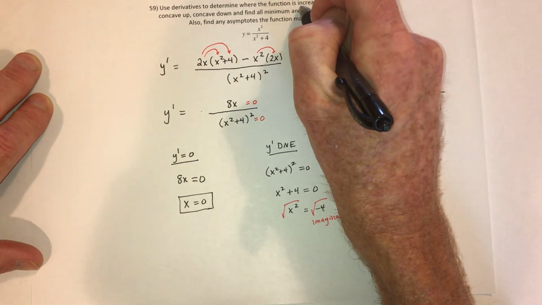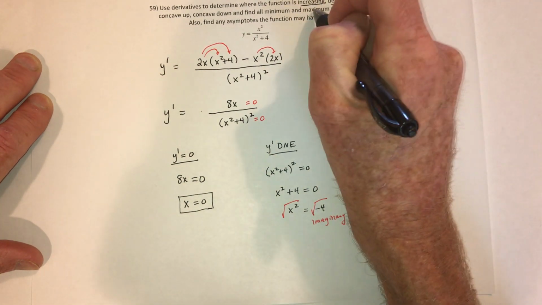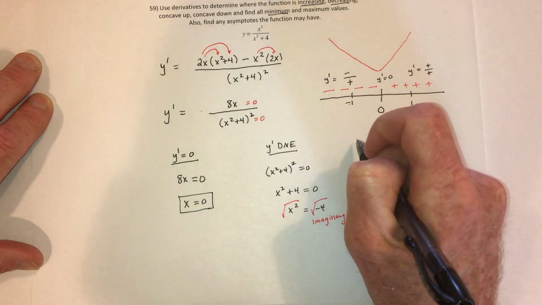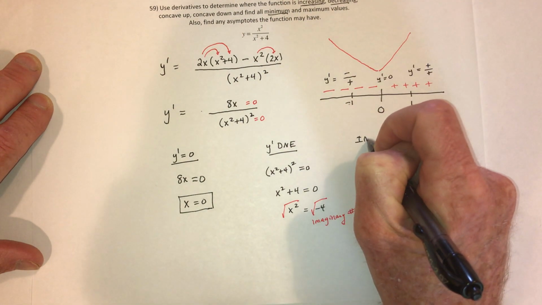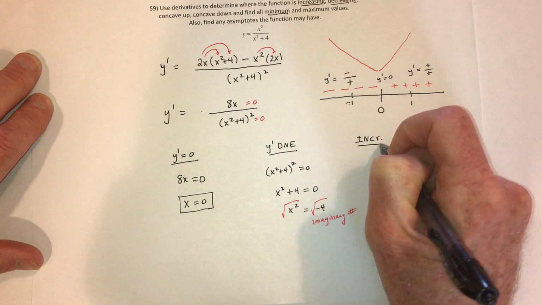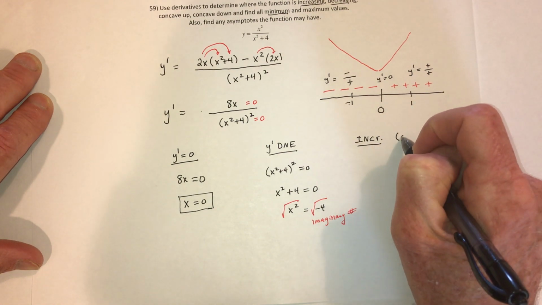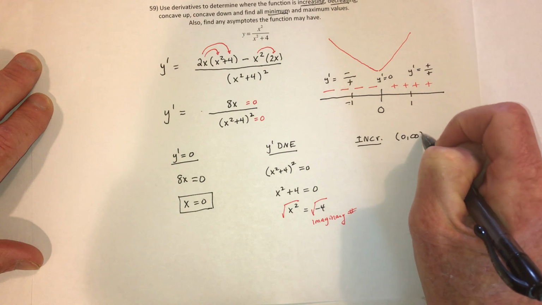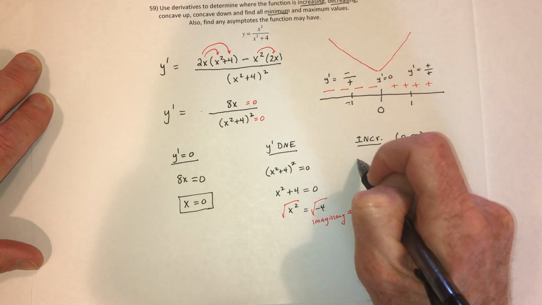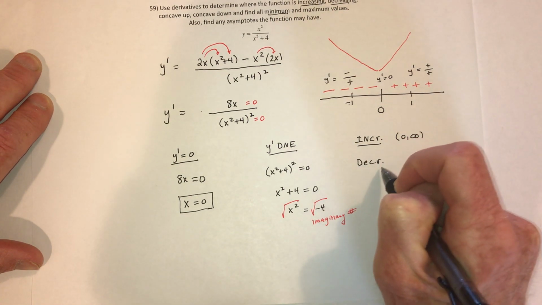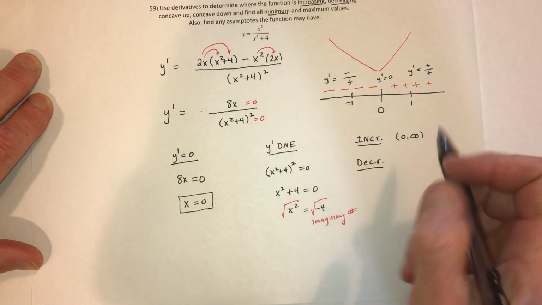All right, so I need to do all of this part, this and this and this. So increasing, that's the right side of the graph. So that is from 0 to infinity, but don't include the 0. Decreasing, that's the left side of the graph.